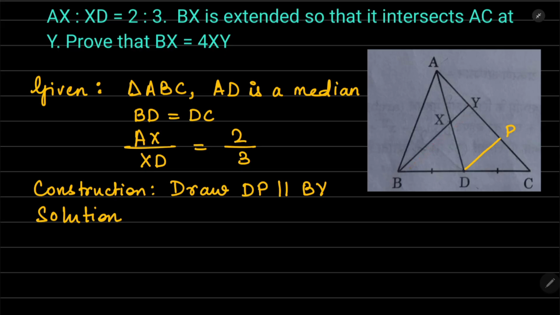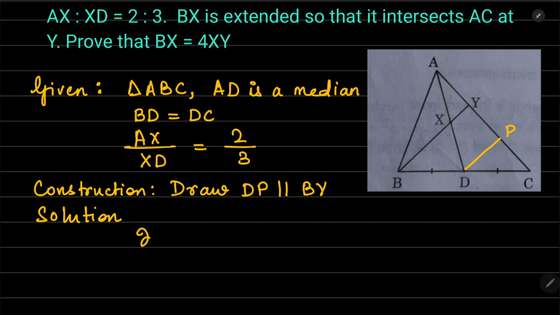Okay, now in the solution, the very first thing that you have to do is you can take these two triangles, right? We have to make sure we have this BX and XY in mind. So XY is a part of these triangles, AXY and also ADP. So let's take these two triangles, AXY and ADP.